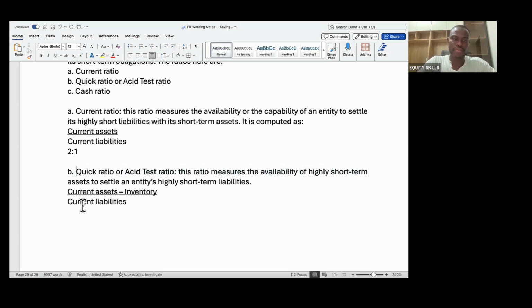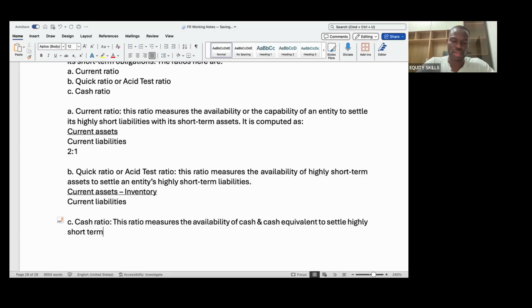So number 3, which is the last one, looks at cash ratio. And this one is the best measure of liquidity because this ratio measures the availability of majorly cash and cash equivalents to settle highly short-term liabilities.